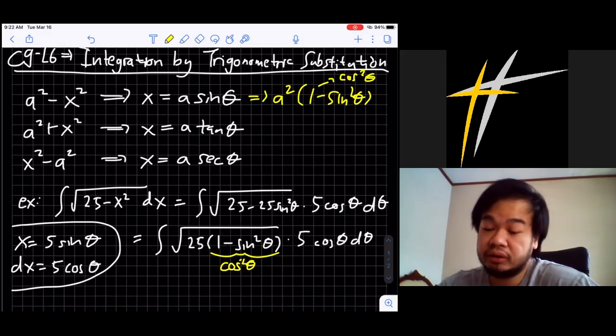You will have a squared times 1 plus tangent squared theta, and you know that 1 plus tangent squared theta is equal to secant squared theta. And for the last one, x squared minus a squared, it will be a squared times secant squared theta minus 1.